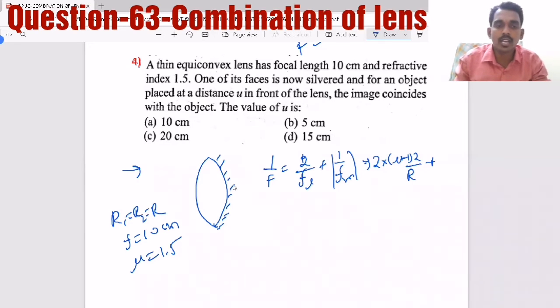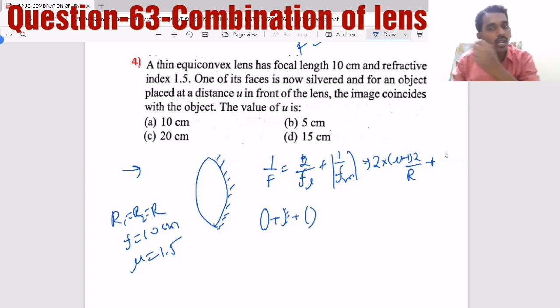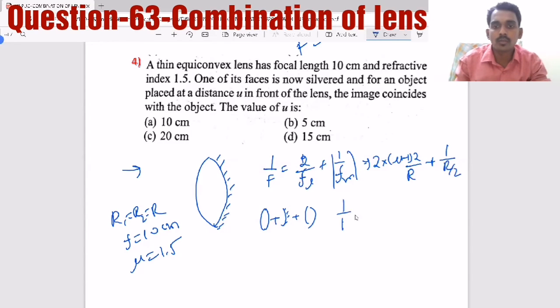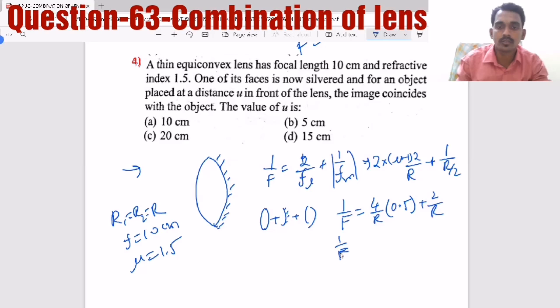Plus, now it is like a mirror, a concave mirror, just like this. The mirror focal length means half of the radius, so 1 by R by 2. Now 1 by focal length will become 2 into mu minus 1 by R, with mu 1.5 minus 1 is 0.5, so 1 by R plus 2 by R. Now 1 by F equals how much is the value?